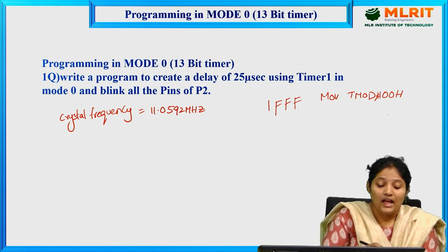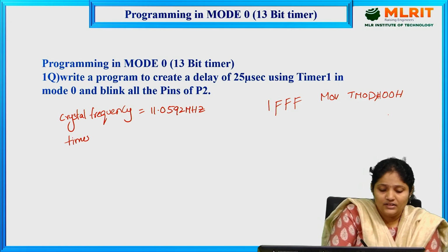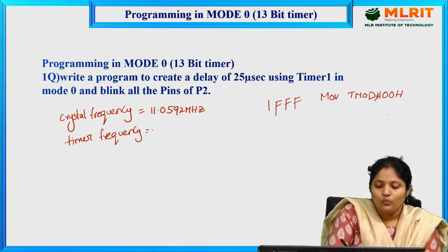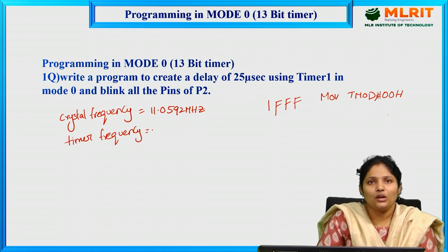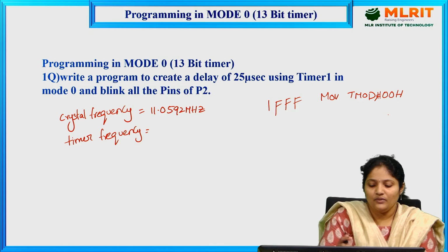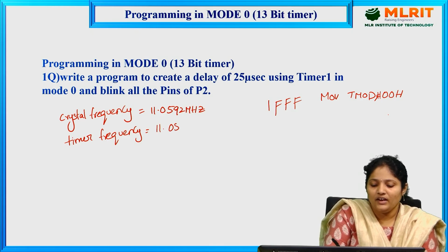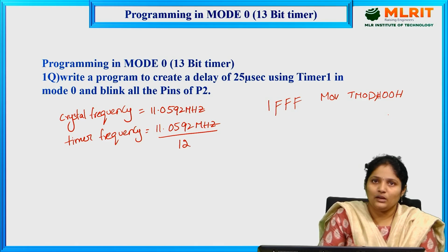From here, I need to find out the timer frequency. One machine cycle requires 12 clock cycles, so the timer frequency can be calculated by dividing the crystal frequency by 12.